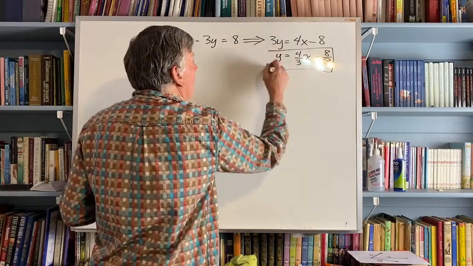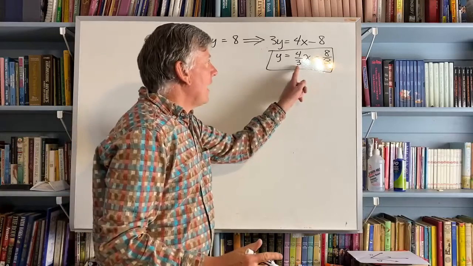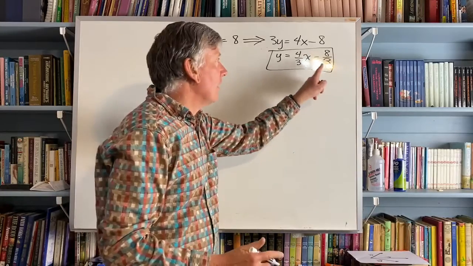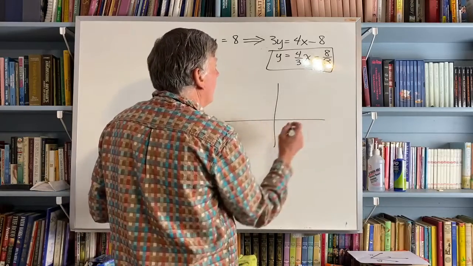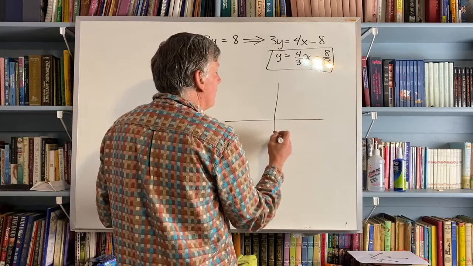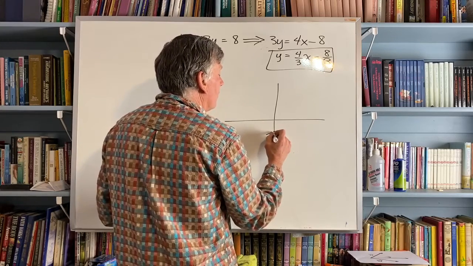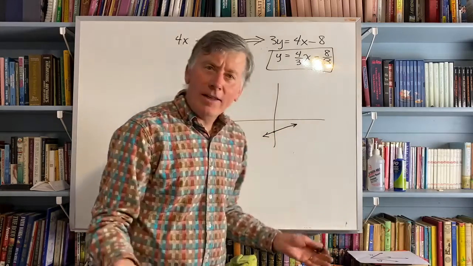And now you see that I have it in slope-intercept form, and it has a slope of 4/3 and an intercept of minus 8/3. And I can draw my line. Minus 8/3 is going to be, say, right there. 4/3 x is going to be about that kind of slope, and I've got my line.